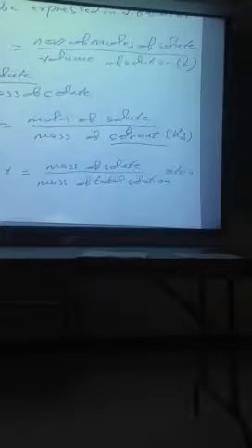We have weight percent, which is abbreviated as wt%. It's the mass of solute divided by the mass of total solution times 100.